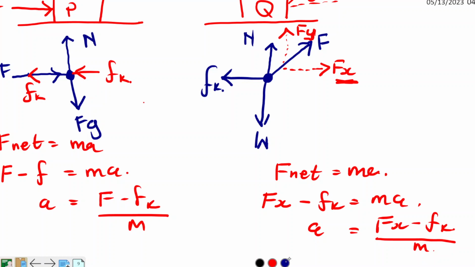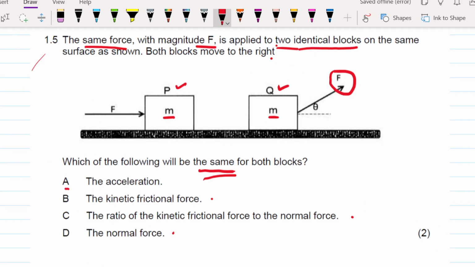We can easily see that this acceleration is not the same as the other, because here we have a constant force F, and here we have only a horizontal component of F. So option A cannot be the answer, because we want an option where we will have the same for both. The acceleration for P won't be the same for Q.